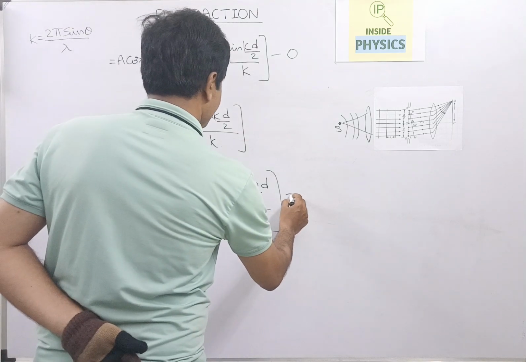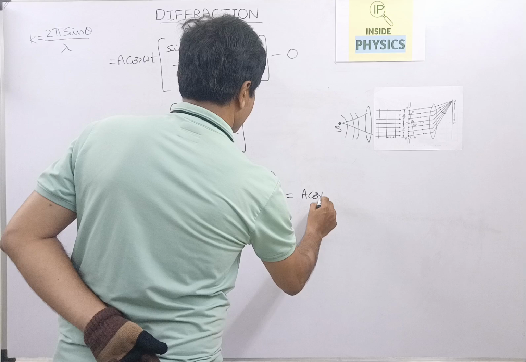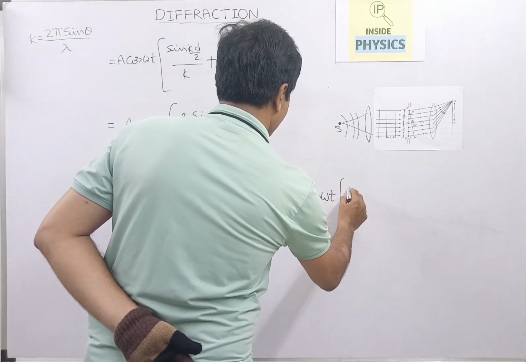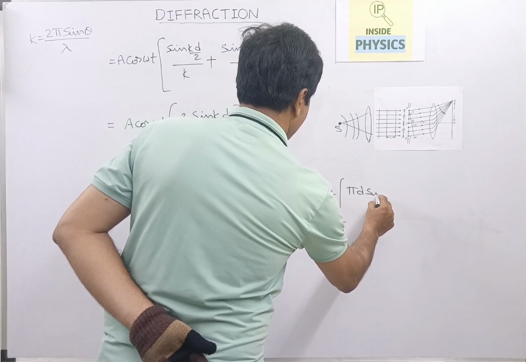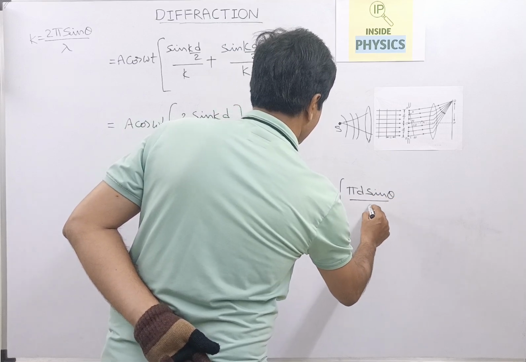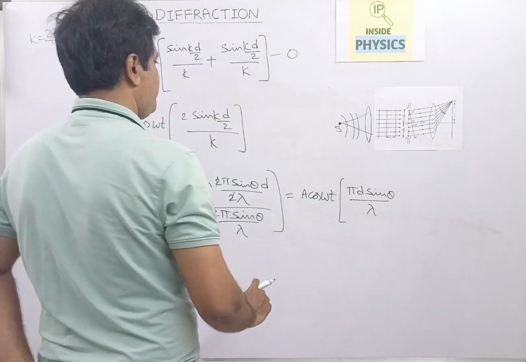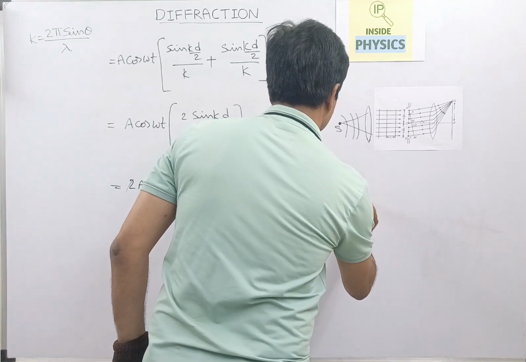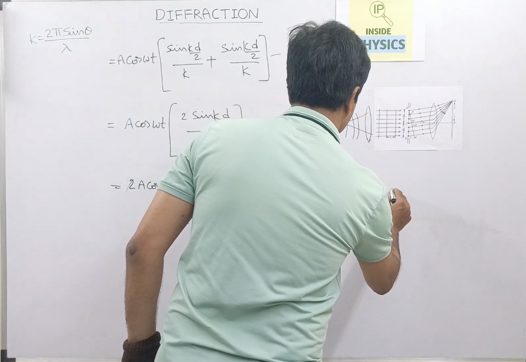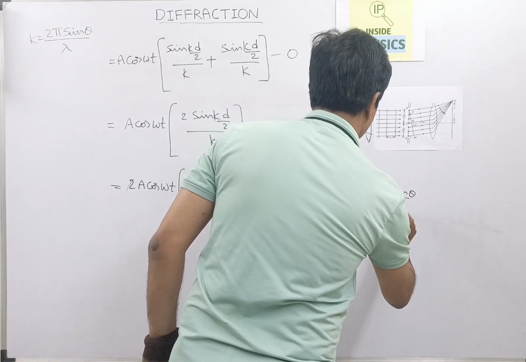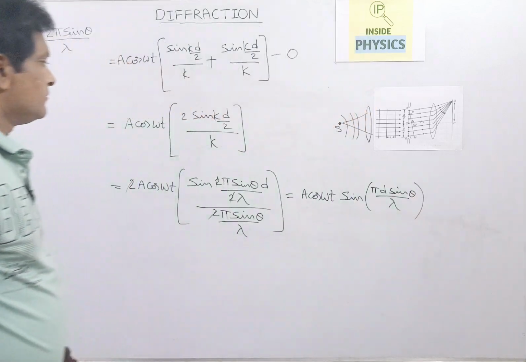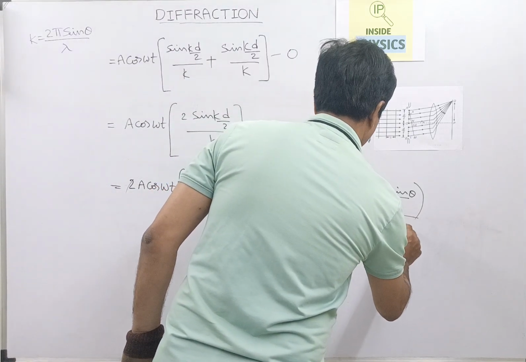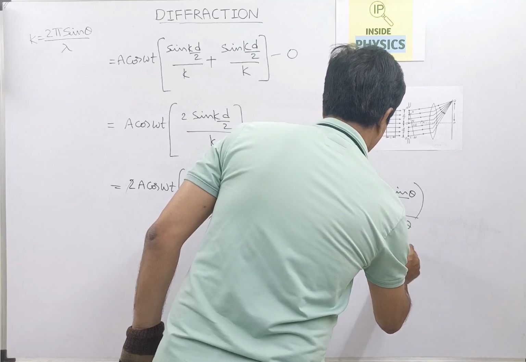So what happens here? A cos omega t, so here we can write sin of pi d sin theta by lambda by pi sin theta by lambda.